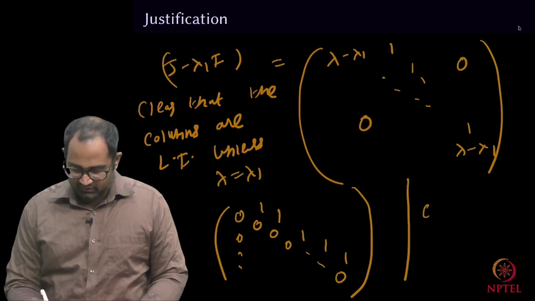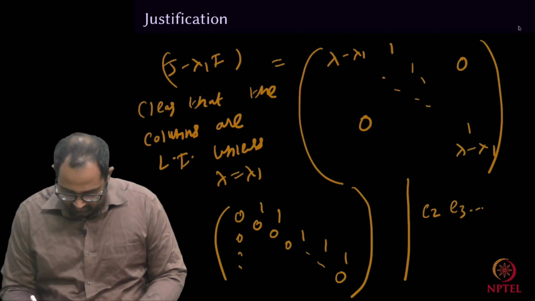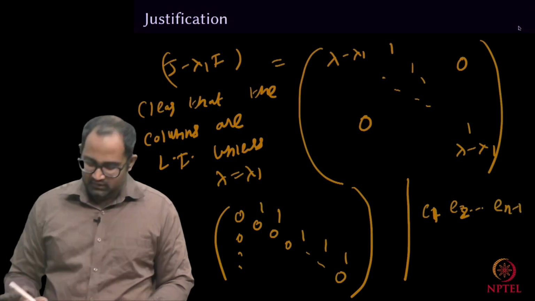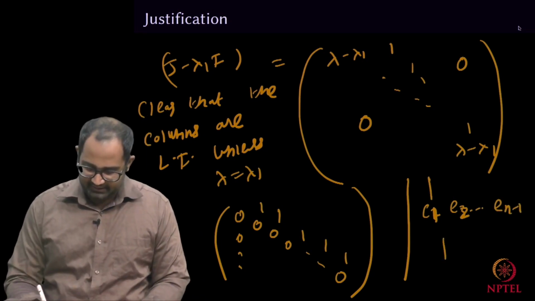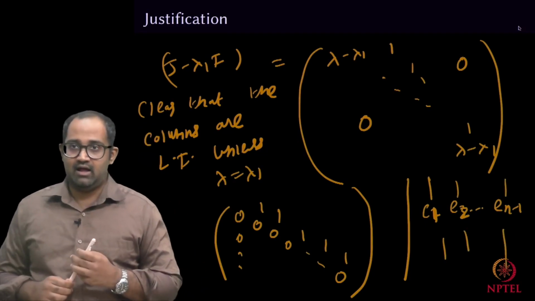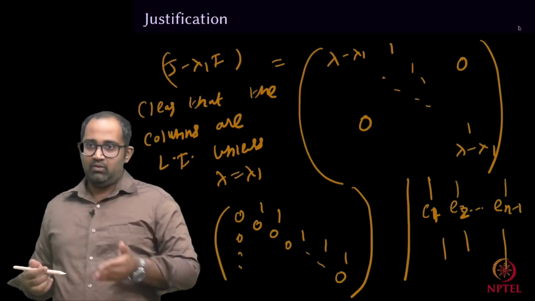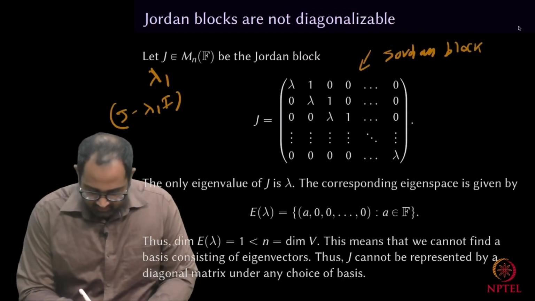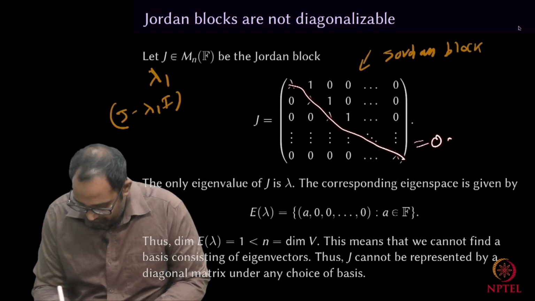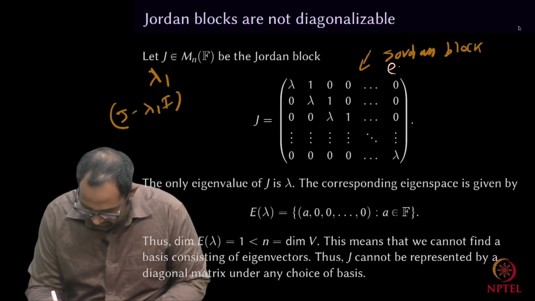The second, third columns are like e1, e2, dot dot dot up until e_{n-1}. This is what the other columns are like. After having subtracted lambda I from J, the diagonals become 0, and above, this entire thing becomes 0. So you have e1, e2, dot dot dot e_{n-1}.